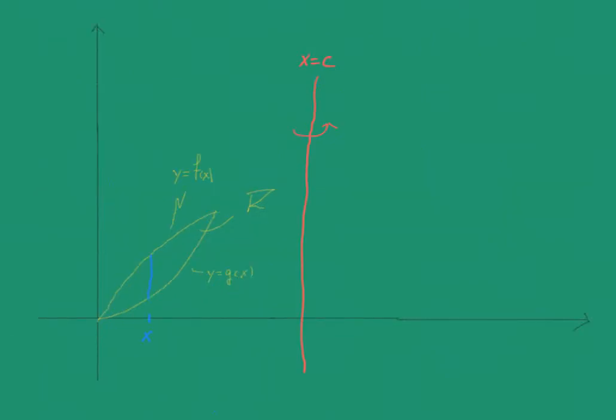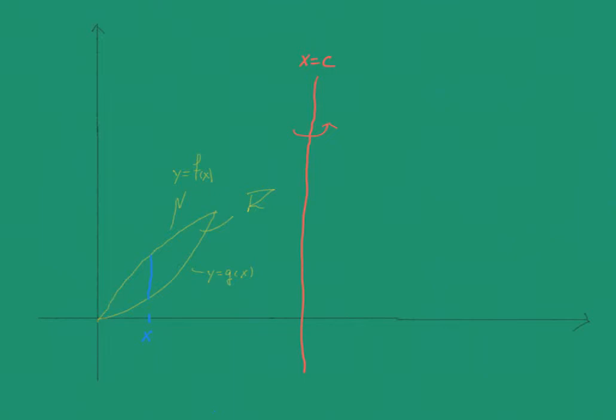Now in the second case, we're assuming that we're supposed to rotate our region R, which is again described as a region bounded between two functions of x, about a vertical line, in this case, x equal to c.